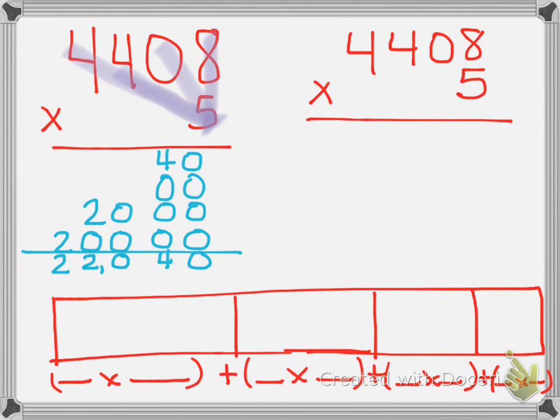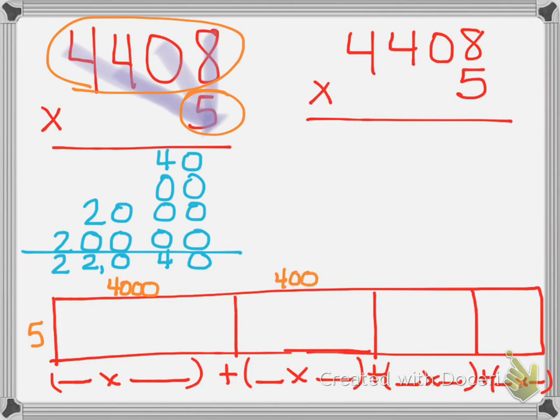All right, let's go ahead and look at the area model. I'm multiplying by 5, so 5 is my length. I'm multiplying 5 by 4,408. 4,000 in the thousands place, 4 hundreds, 0 tens, 8 ones.